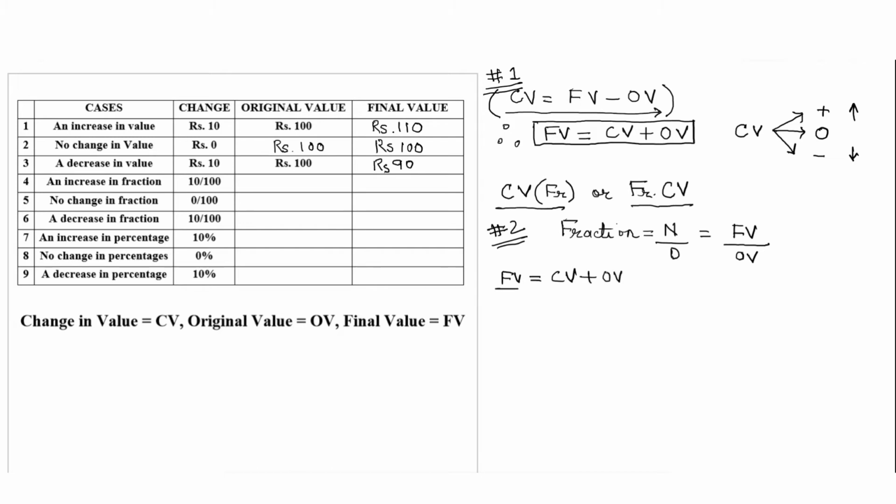Now if we divide both the sides with OV, can we say that FV upon OV, which is the final value upon the original value, becomes equal to 1 plus CV upon OV?